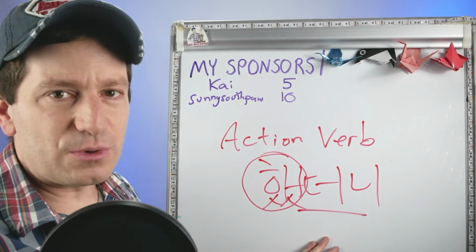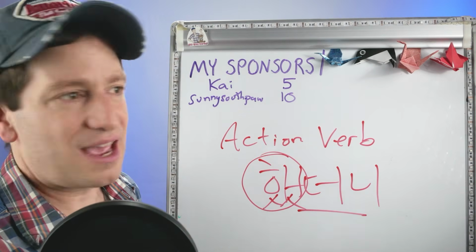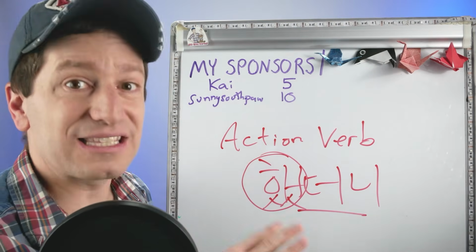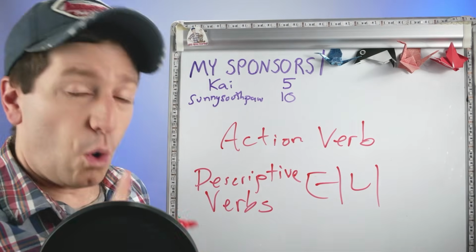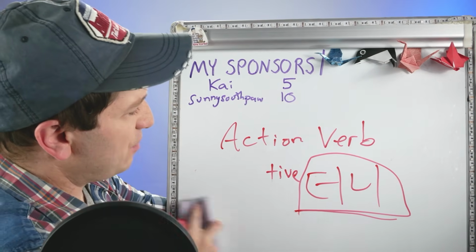But generally, when you're making a sentence, you're talking about someone else, you don't need to use the past tense stem. You can just use the regular stem because 더 already has the past tense meaning. Also, for descriptive verbs, you only use the regular present tense stem. There's one more thing you have to know.